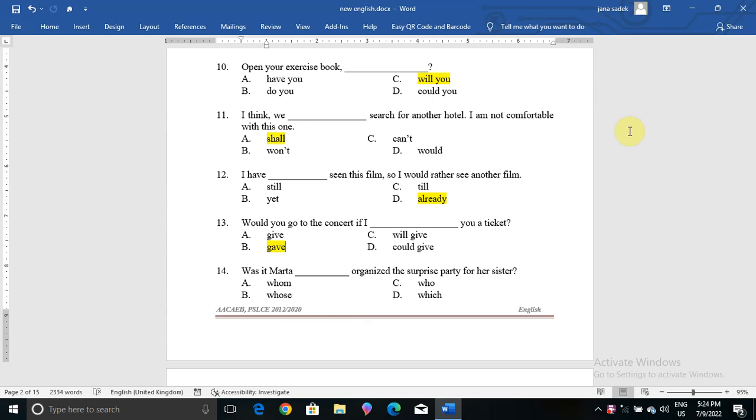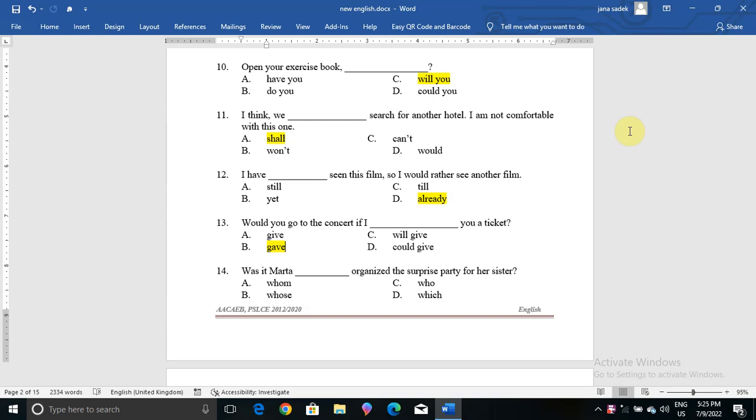Now what we have here, whom, whose, and who, are asking about persons. But which one will be the correct relative clause for this question? Of course it will be whom. Was it Martha whom organized the surprise party for her sister?